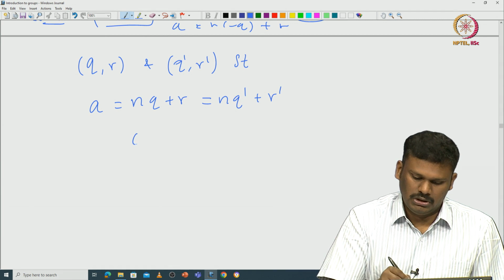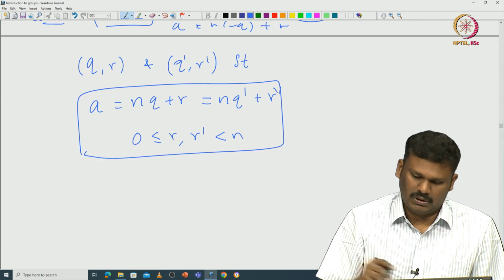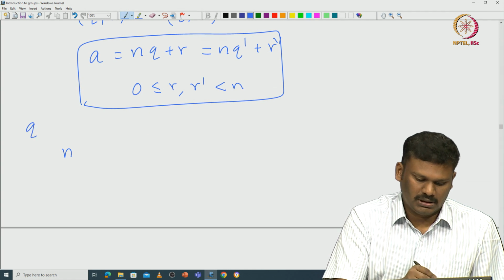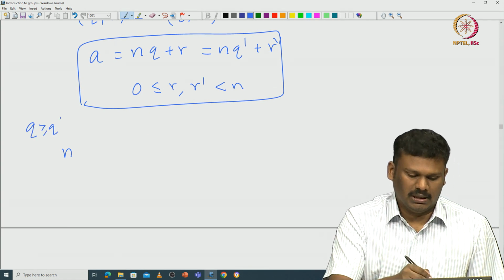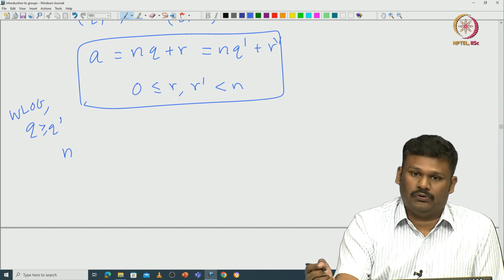Note that 0 is less than or equal to r and r dash, which are strictly less than n. These are all the conditions that you have. Now you can just assume q is greater than or equal to q dash, because you have the order property. Without loss of generality, one can assume this.